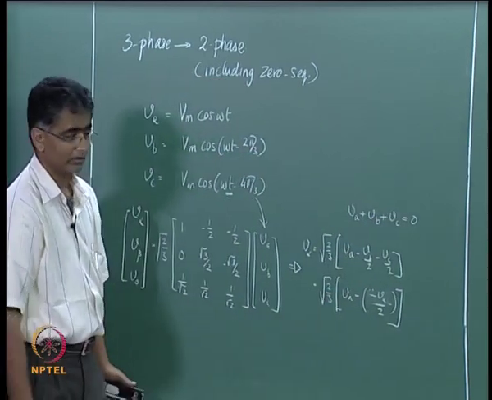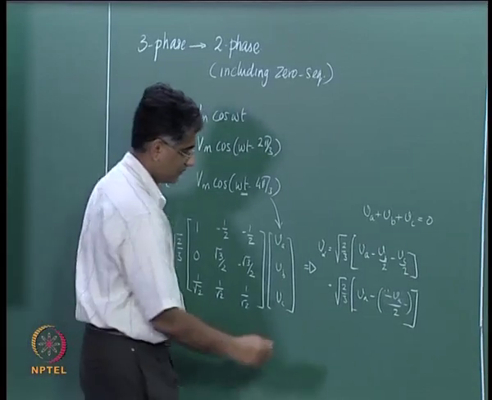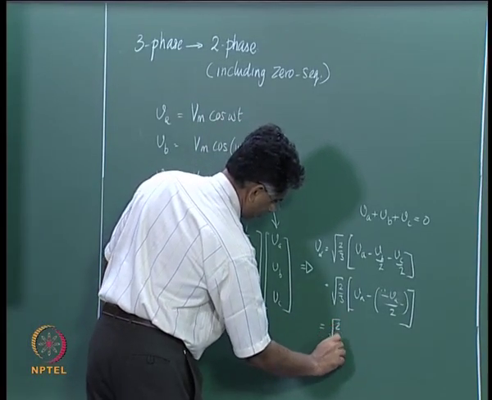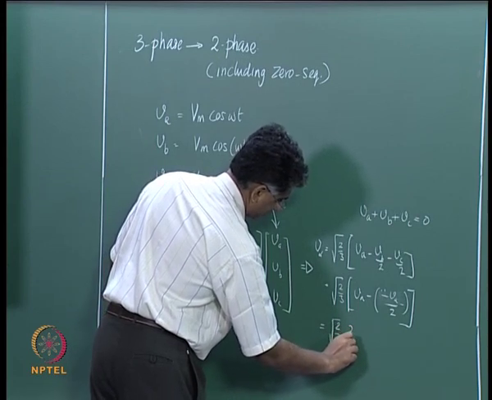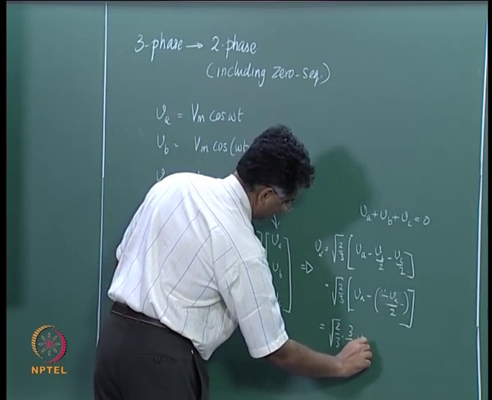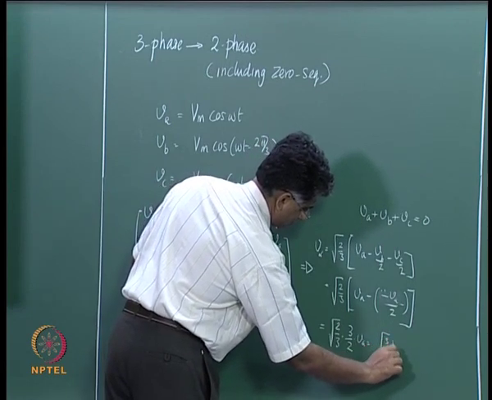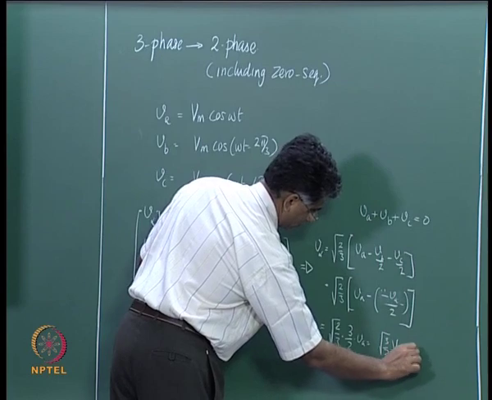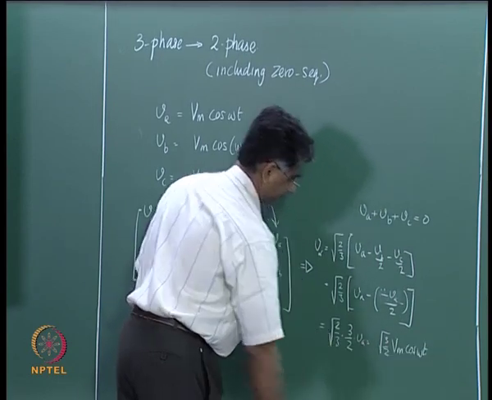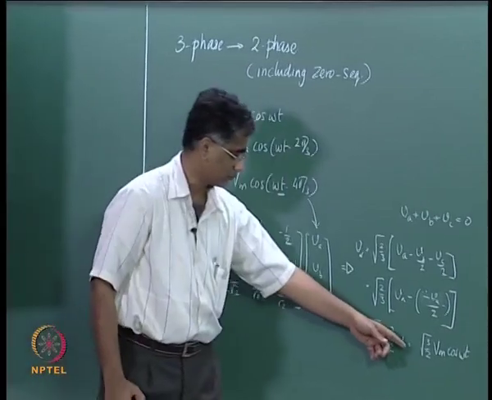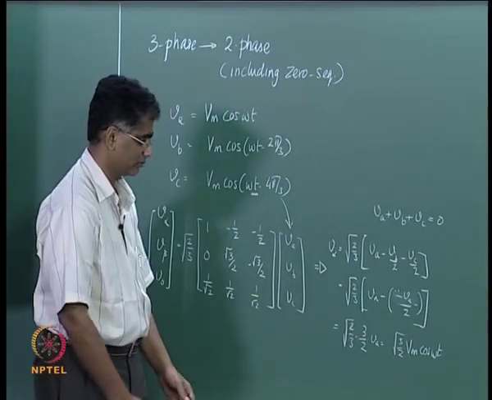Obviously, it is a balanced excitation that we are giving. So, in that case what you have is root of 2 by 3 multiplied by 3 by 2 into Va. So, V alpha turns out to be square root of 3 by 2 into Vm cos omega t.